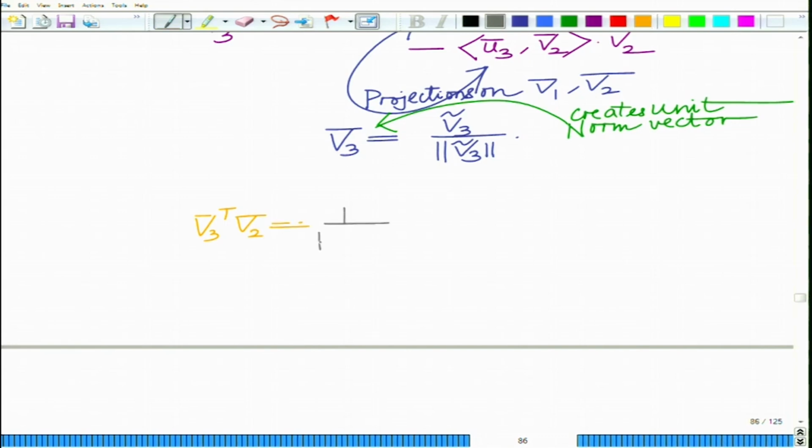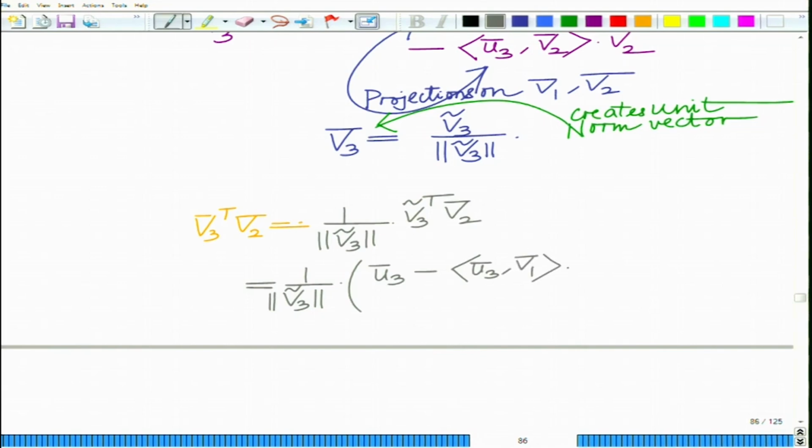So I have 1 over norm V3 tilde times the transpose of U3 bar minus the inner product of U3 bar and V1 bar times V1 bar transpose, minus the inner product of U3 bar comma V2 bar times V2 bar transpose, the whole thing times V2 bar.